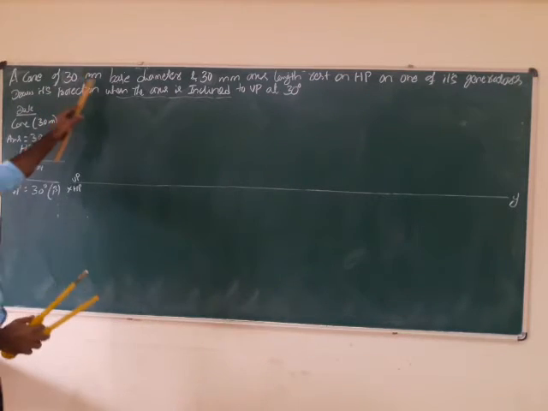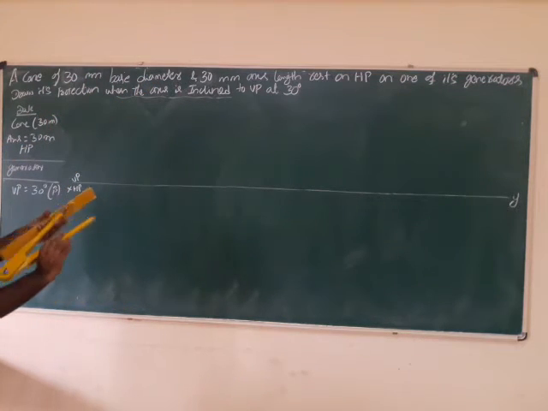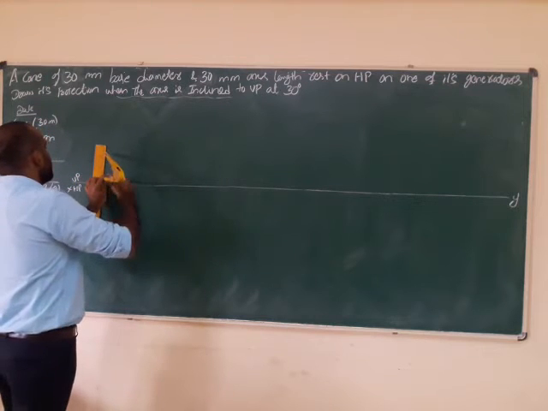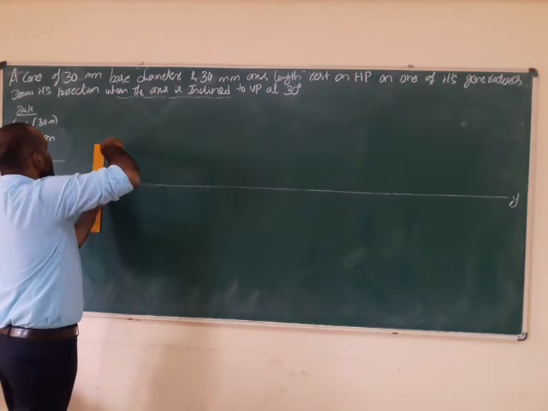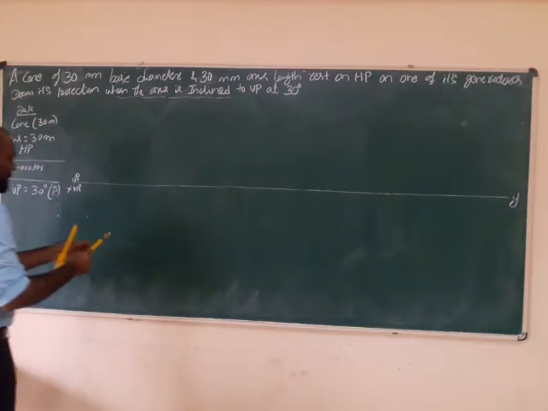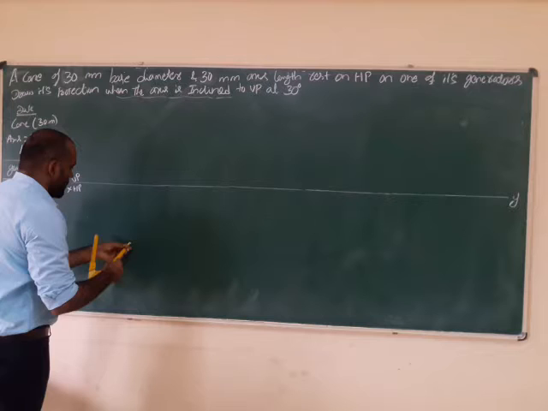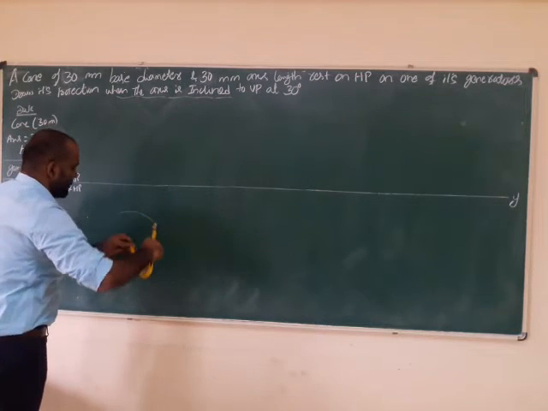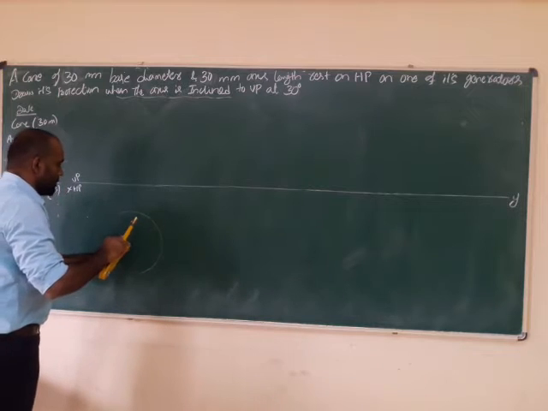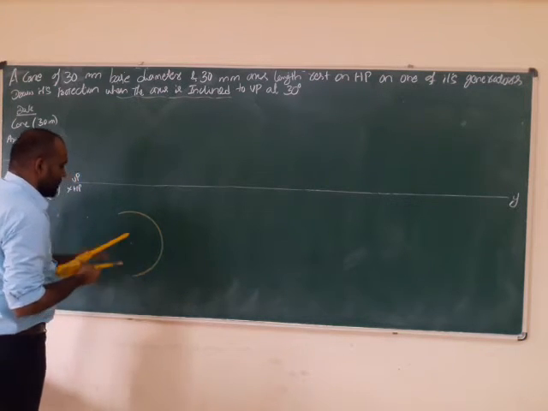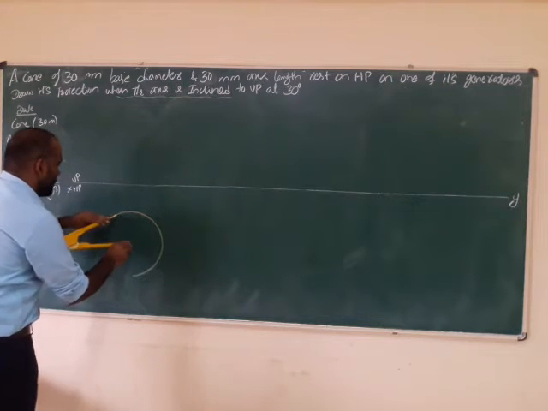Now, the diameter is given as 30, so you have to measure 15 as the radius, then you will get the diameter. From this center you have to draw a circle.